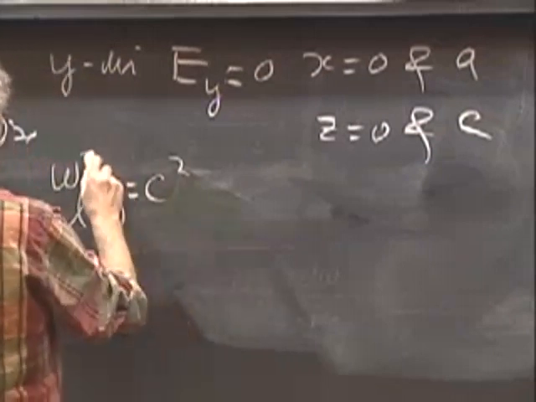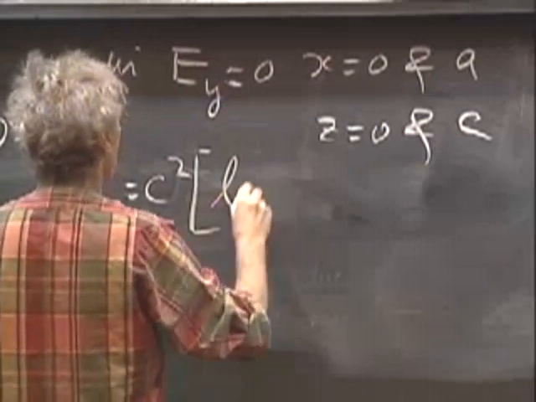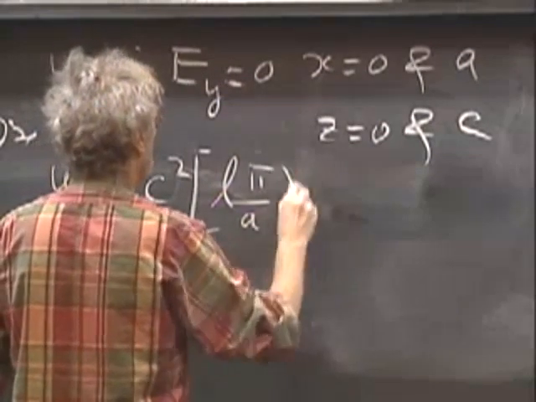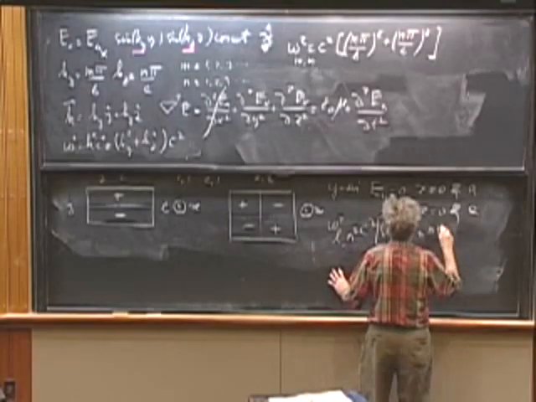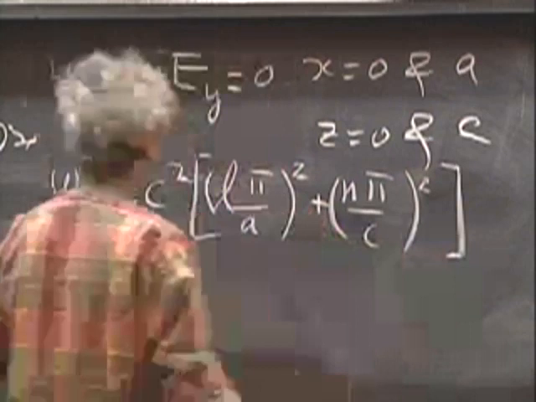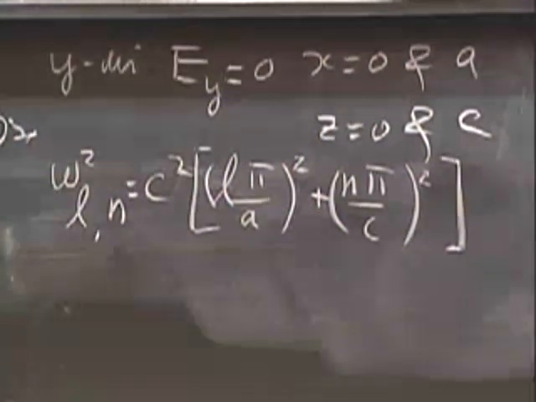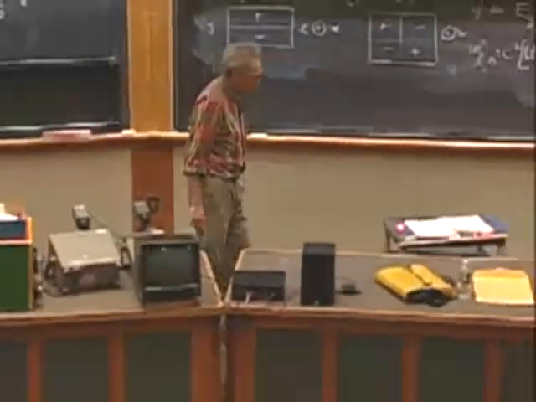I will do it in terms of squares, and then I will get (Lπ/a)² plus (Nπ/c)², and that's it. So now I have another infinite family of values from L as in lion, N as in Nancy, which give me the resonance condition in the y direction.